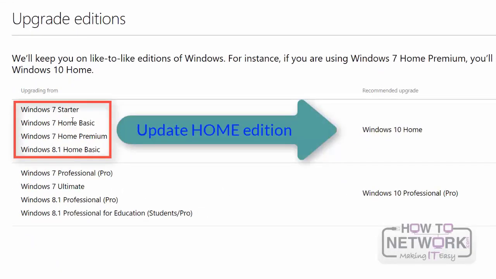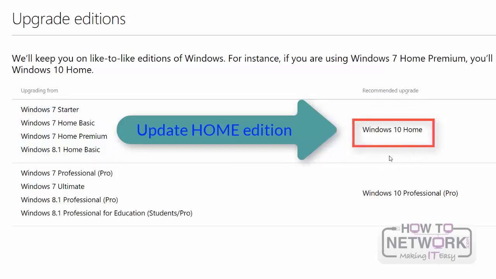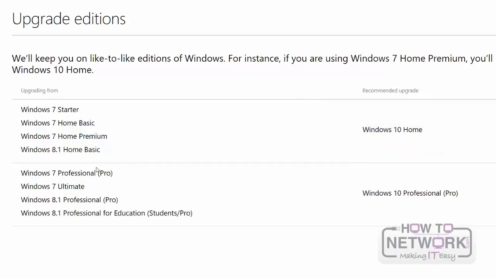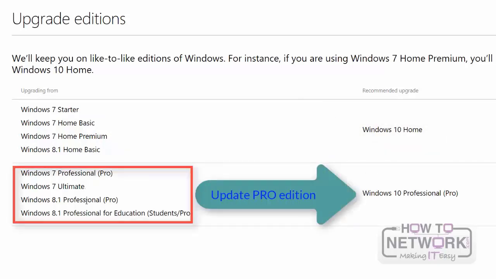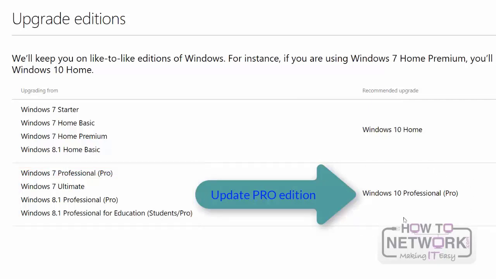So Windows Starter can be updated to Windows Home. You can see in the box there the versions that will be upgradable. 7 Pro, Ultimate, 8.1 Pro and Educational to Windows 10 Professional Pro.